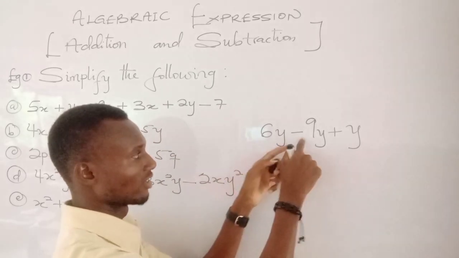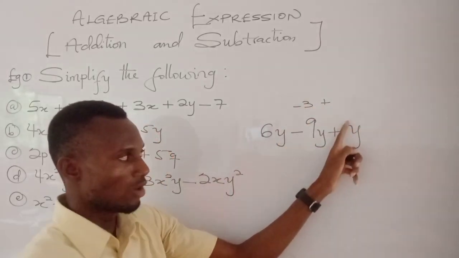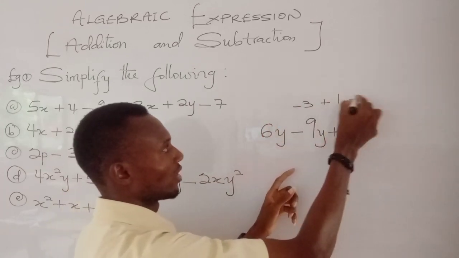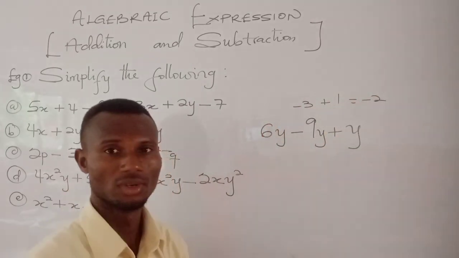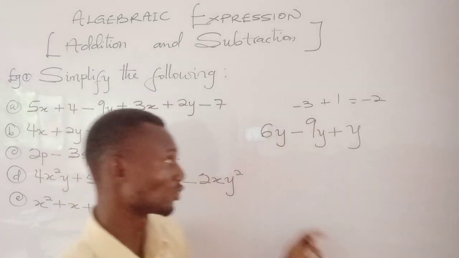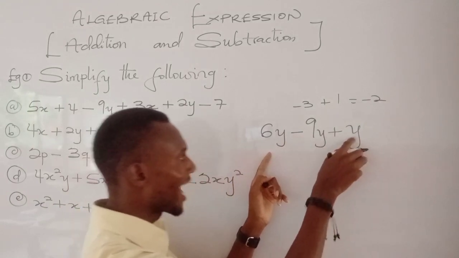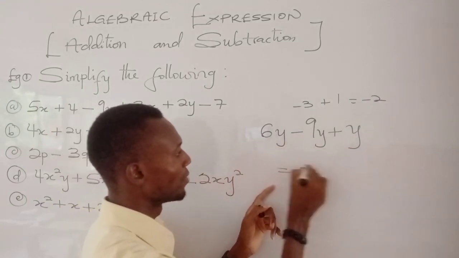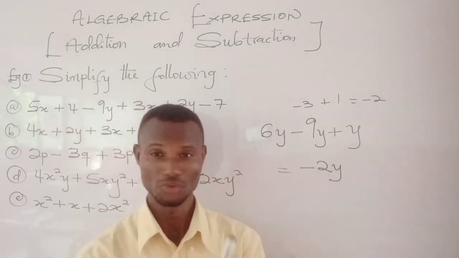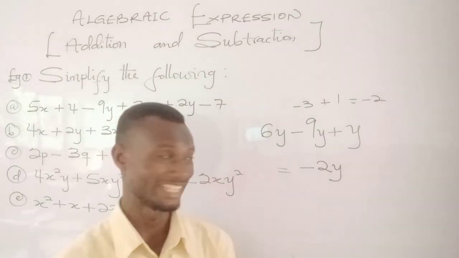So 6 minus 9 gives negative 3, then plus the coefficient here, which is the 1. And minus 3 plus 1 results in minus 2. So 6y minus 9y plus y, our final answer is going to be minus 2y. I hope you understand and you agree with me up to this point.